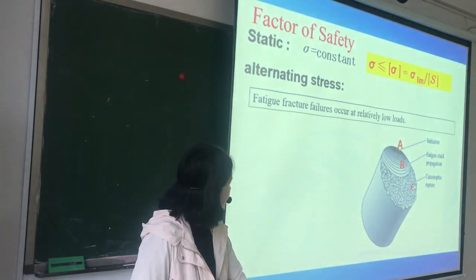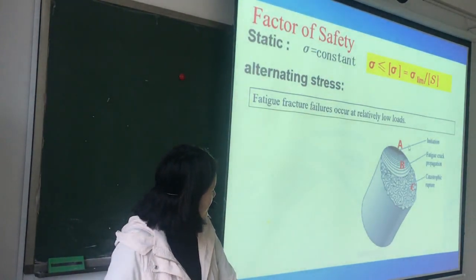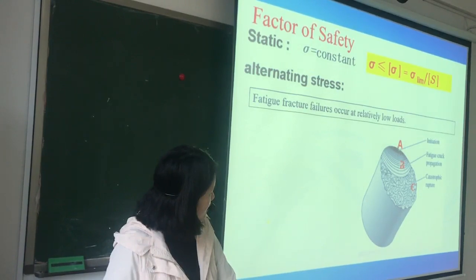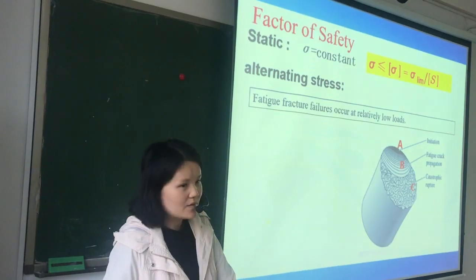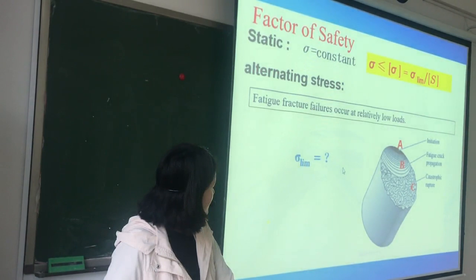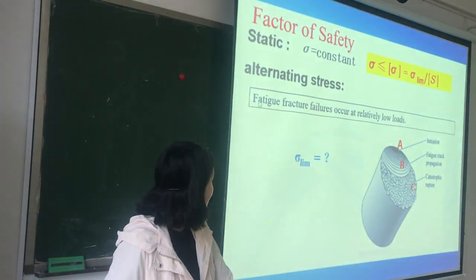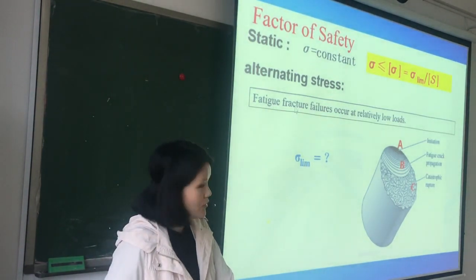And for fatigue, it has 3 zones: the initiation zone A, the propagating zone B, and the fracture zone C. And we should calculate the stress limit for fatigue fracture.